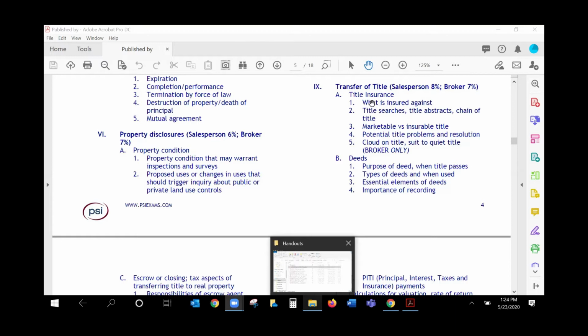So we need to go through deeds, which is covered on page 84. So we'll quickly go through from 84.